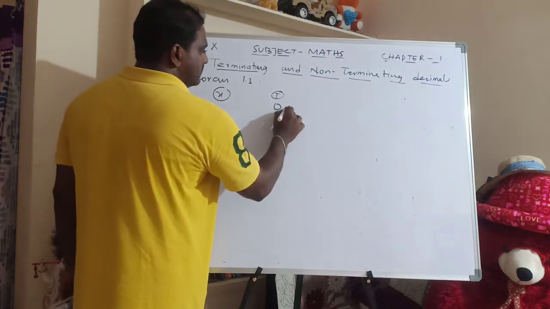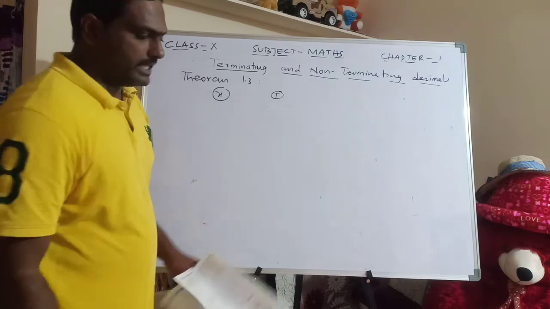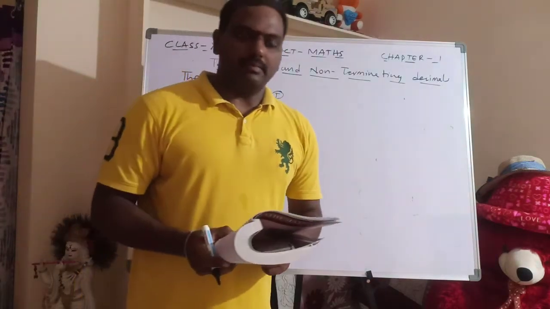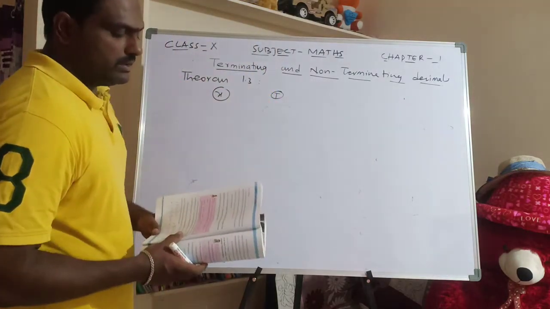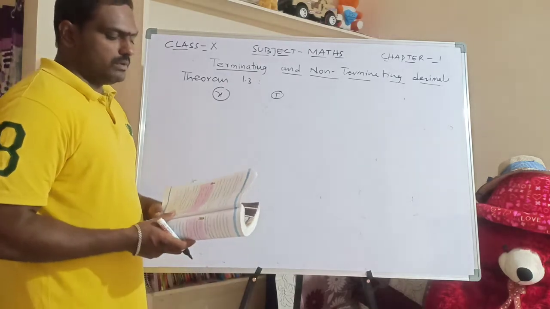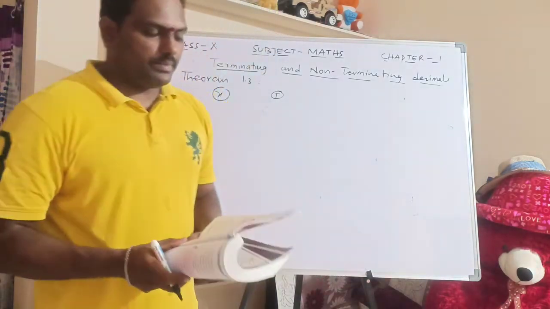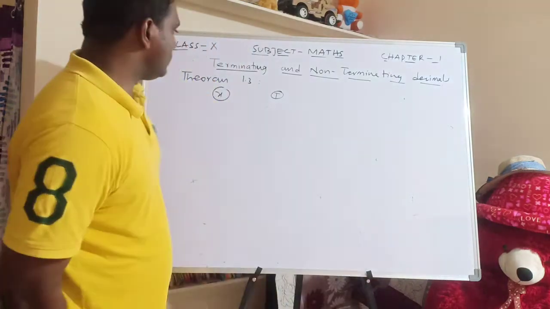After the point, it will stop. Suppose x is a rational number, if it terminates, then x can be expressed in the form of p by q, where p and q are co-primes and the prime factorization of q will be in the form of 2 power n, 5 power m.